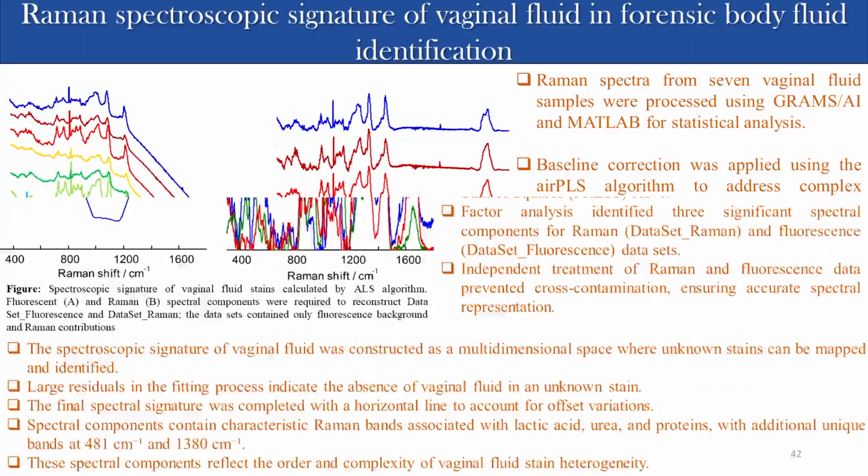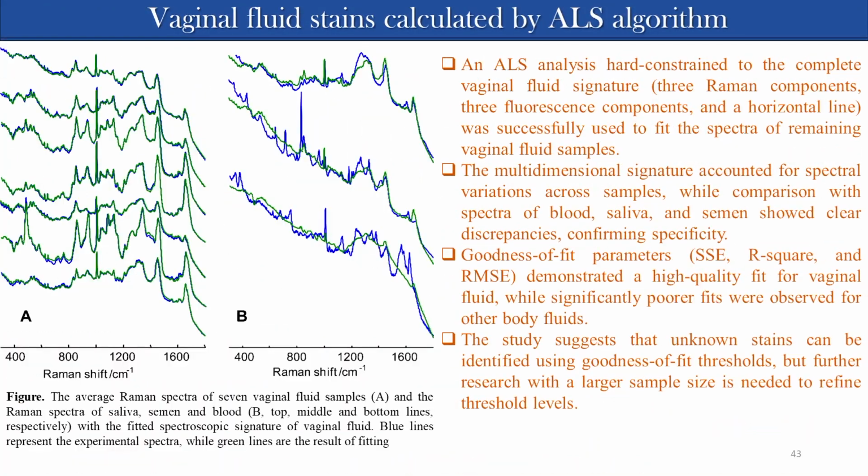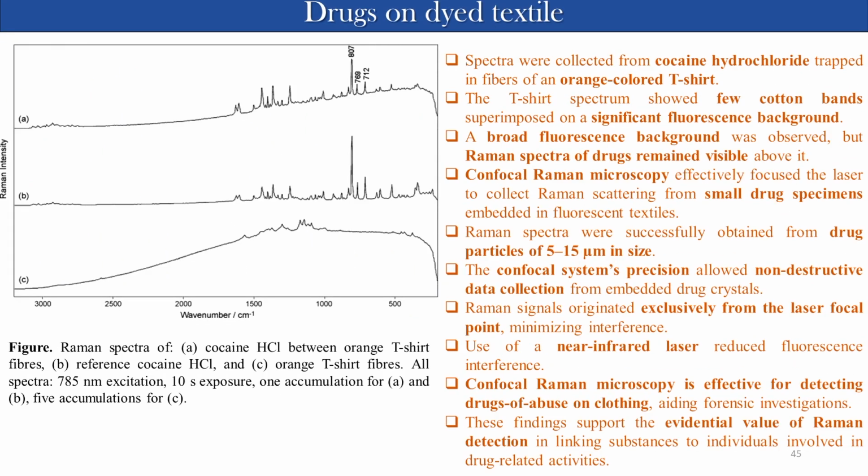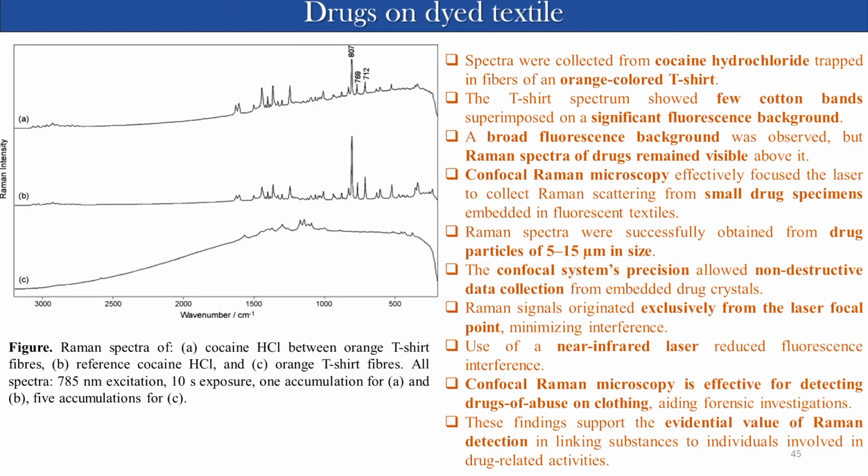Another spectrum I think I have. Here also you see the fluorescence background. This kind of fluorescence background is not at all a good spectrum. But after many corrections, you will see that a nice spectrum comes.